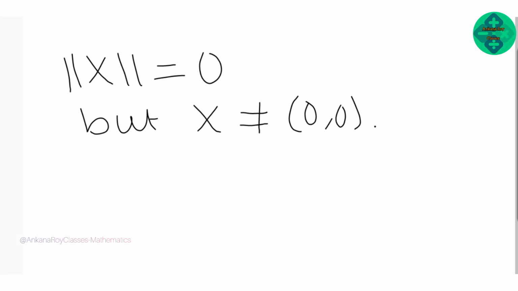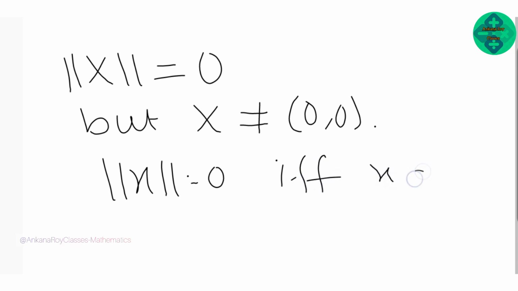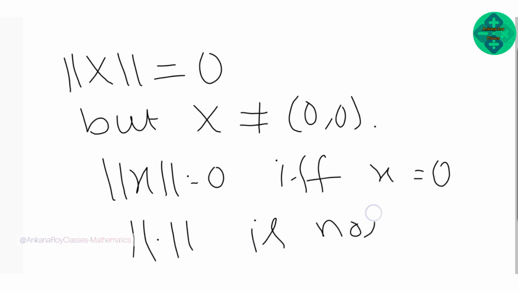The first condition, that is norm x is equal to 0 if and only if x is equal to theta or 0, is violated here. So this is not a norm on R2.